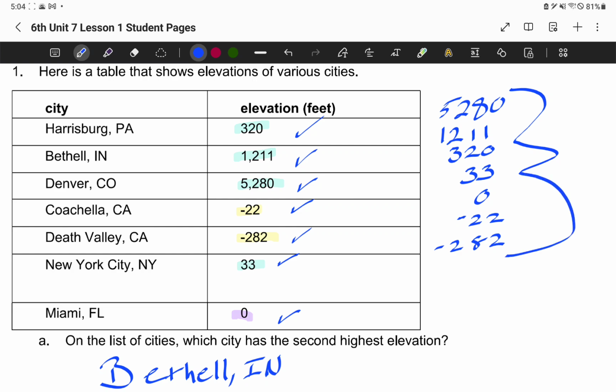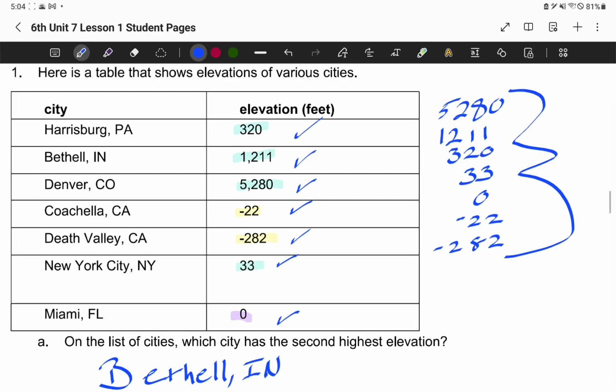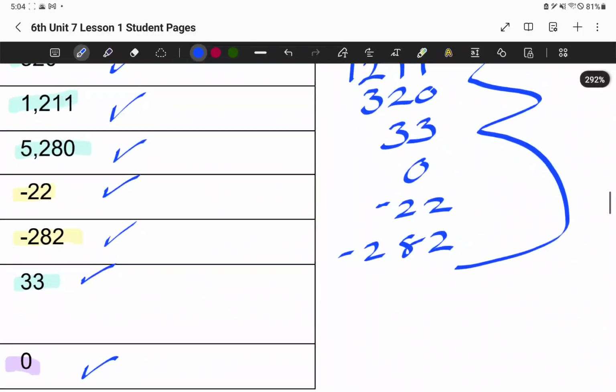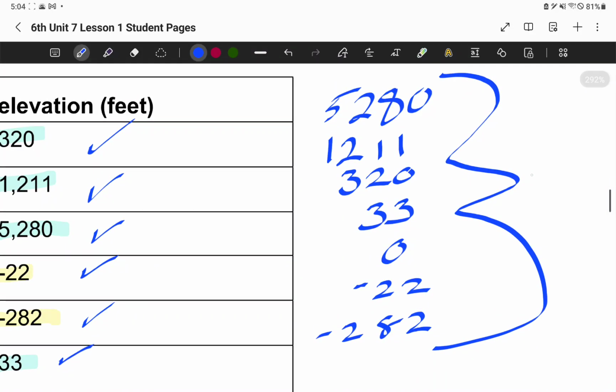We put them in terms of how, least, greatest to smallest. Well, this is also a list of how far from sea level.